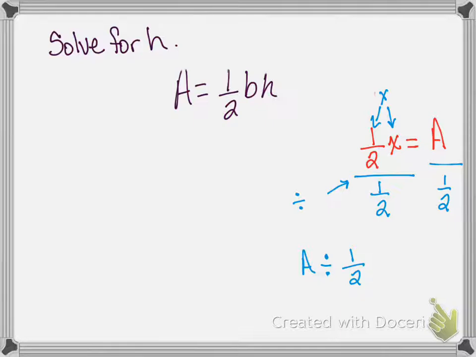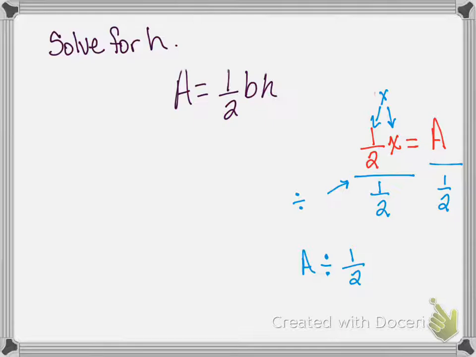When I am dividing by a fraction, I do keep, change, flip. So when I am dividing by a fraction, what do I do? We don't want to change it to decimals. In this situation, the decimal probably would work because it's 0.5. But if you've got 2/3, it gets really icky. So I wouldn't do that.